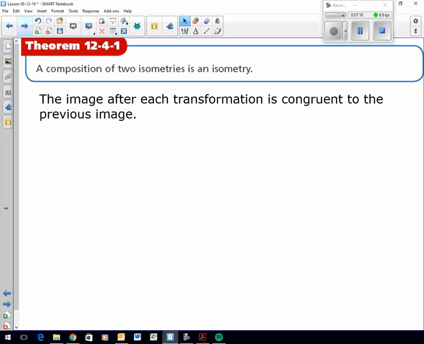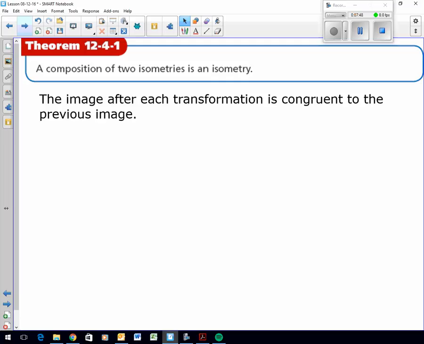Remember that word, isometry. It means when we move our shape, it maintains its size and its shape. Doesn't get bigger, doesn't get smaller. We can flip it, turn it, or slide it, but the size and shape stay the same.